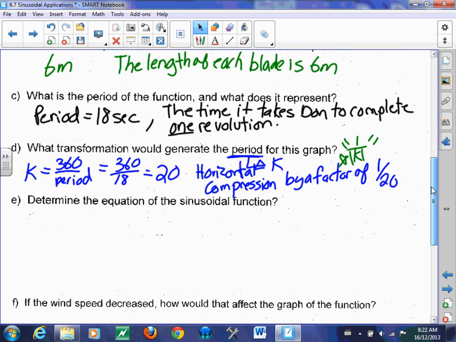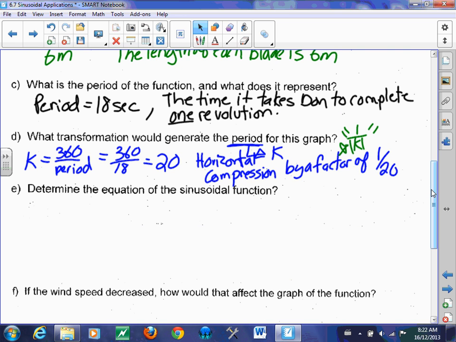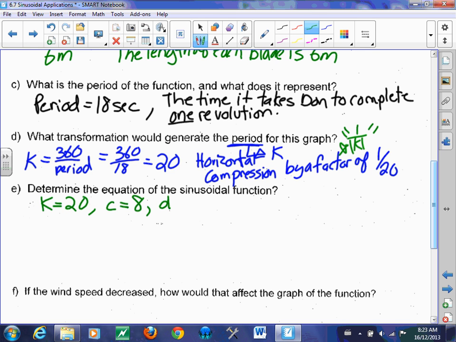All right, keep going on here. We're almost done. And I've got one more to add at the end, okay? That's not written down. Determine the equation of the sinusoidal function. Well, what information do we already know? We've calculated that K equals 20. We know that C equals 8. We know we're going to start at time 0.